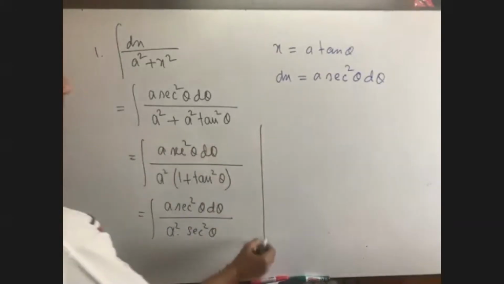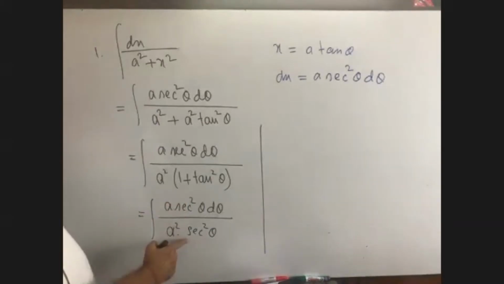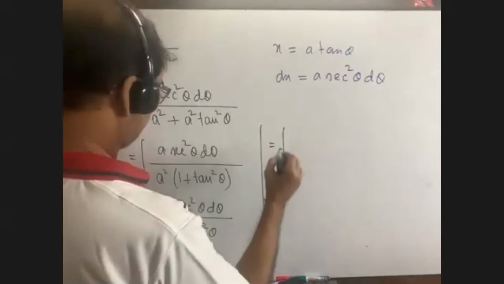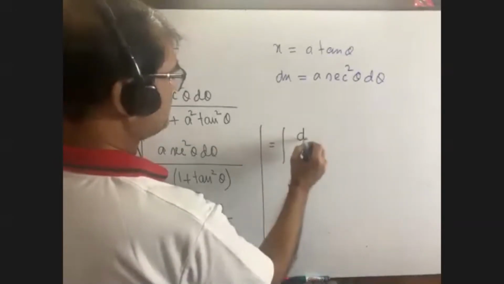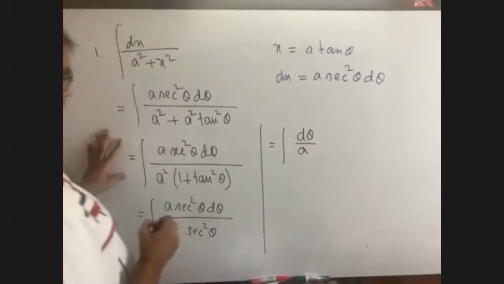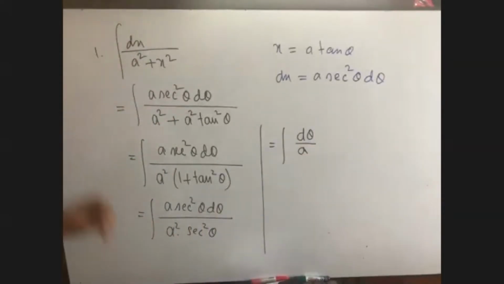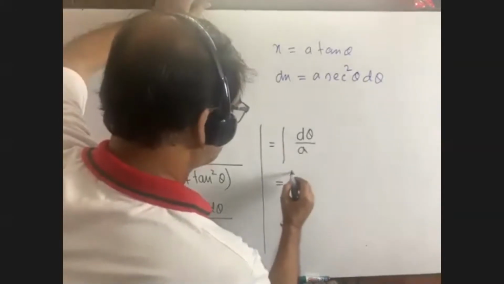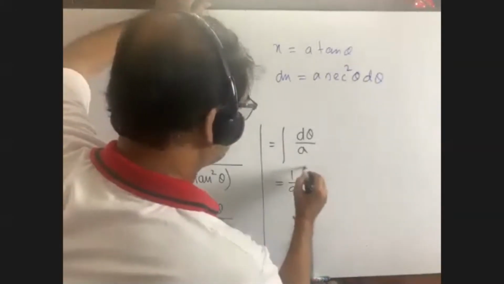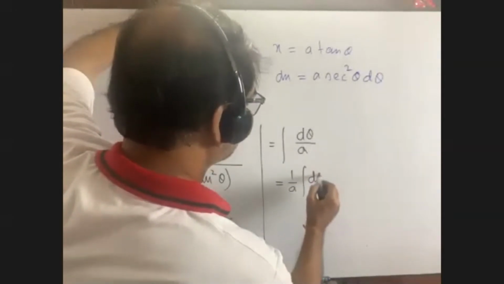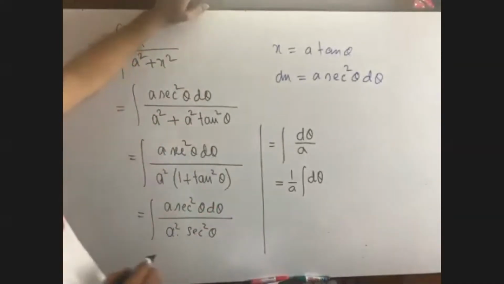Now you see sec square theta will be omitted, and we are left with only d theta by a. Is it? Yes sir. 1 by a d theta. Now let me know what is the integration of d theta.